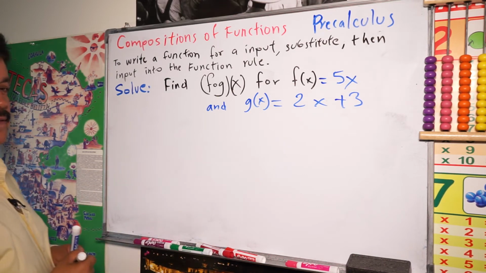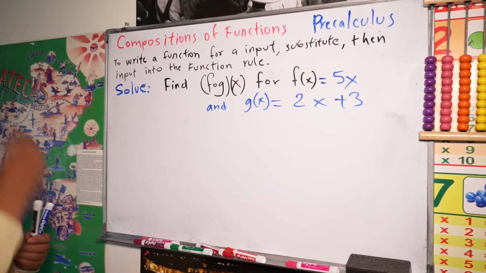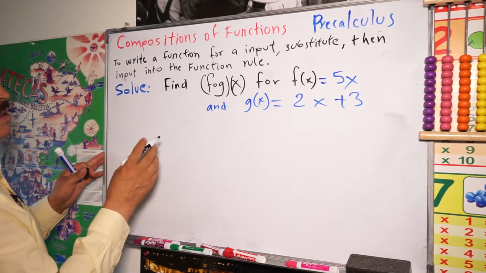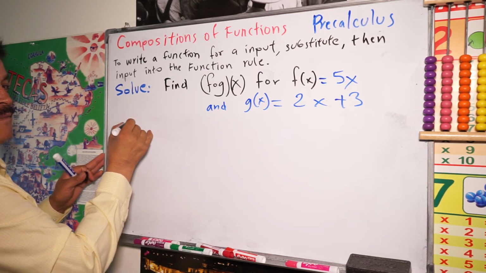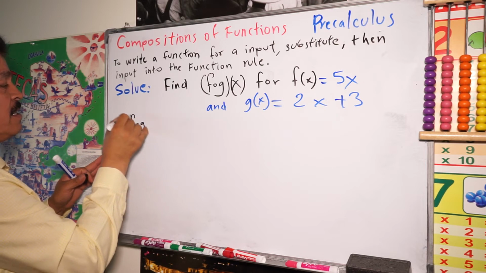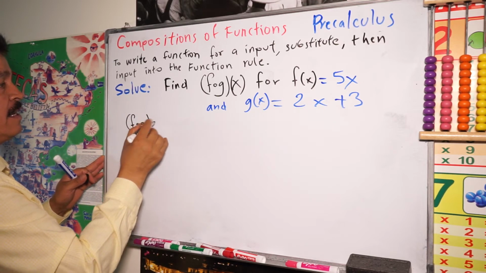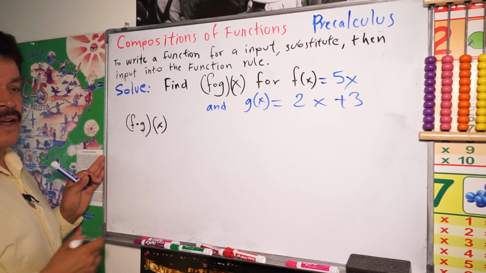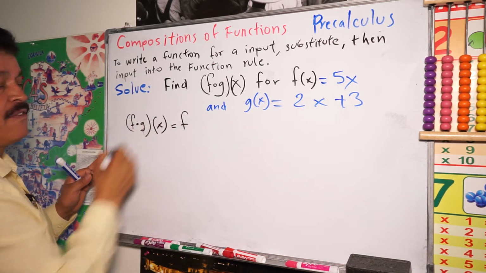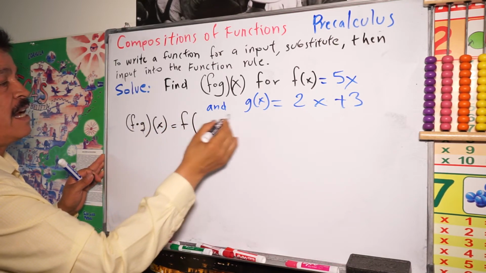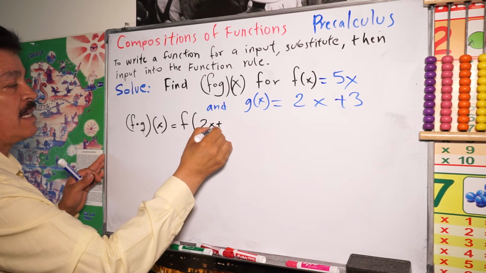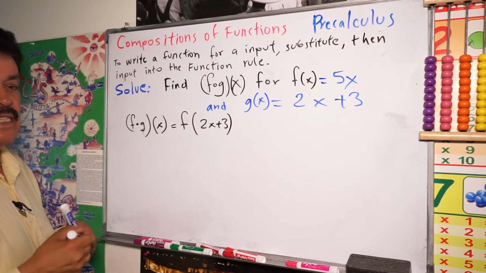Next step, what is the next step? You have to write f(g(x)) equals f of 2x plus 3. What is this?